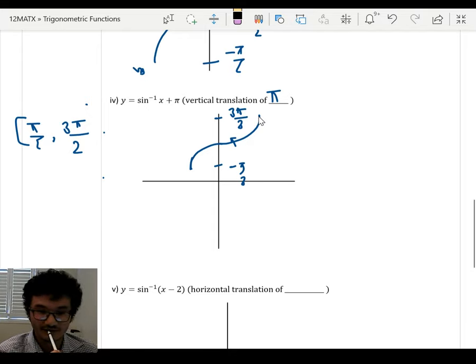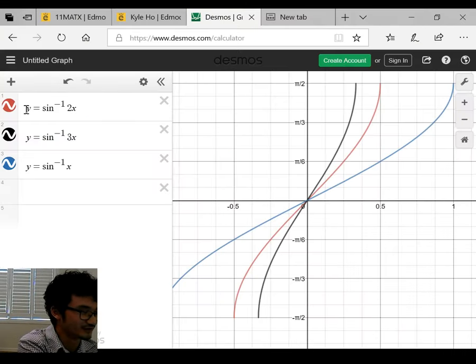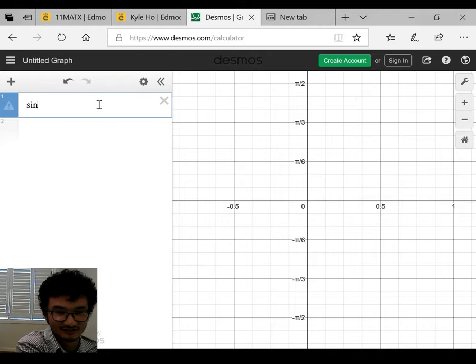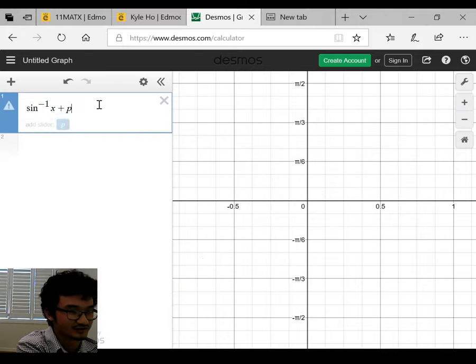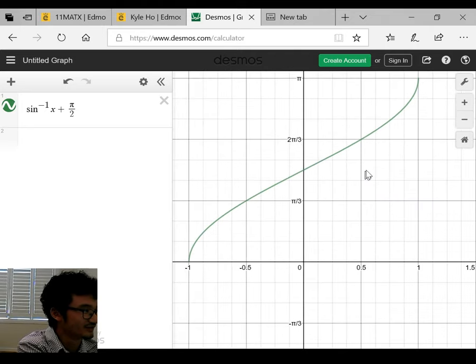Is arcsine plus pi on 2 equal to arccos of minus x? Let's have a look. I'm actually not too sure. We'll find out together. So inverse sine of x plus pi on 2. Okay, that's what that looks like.